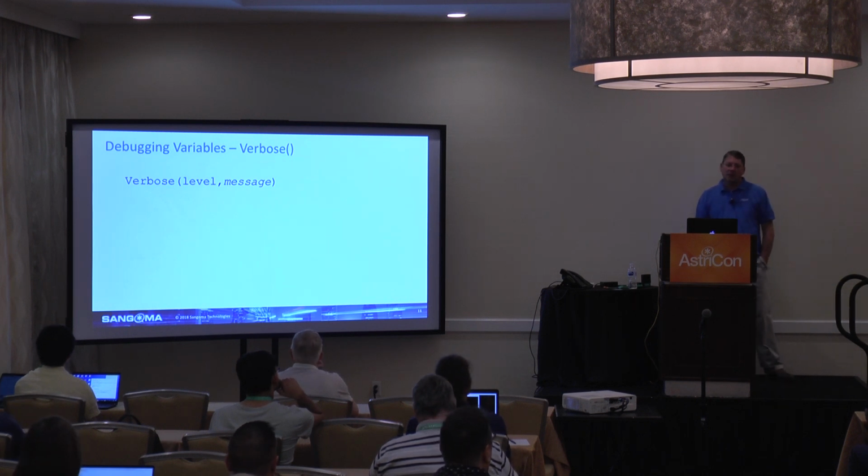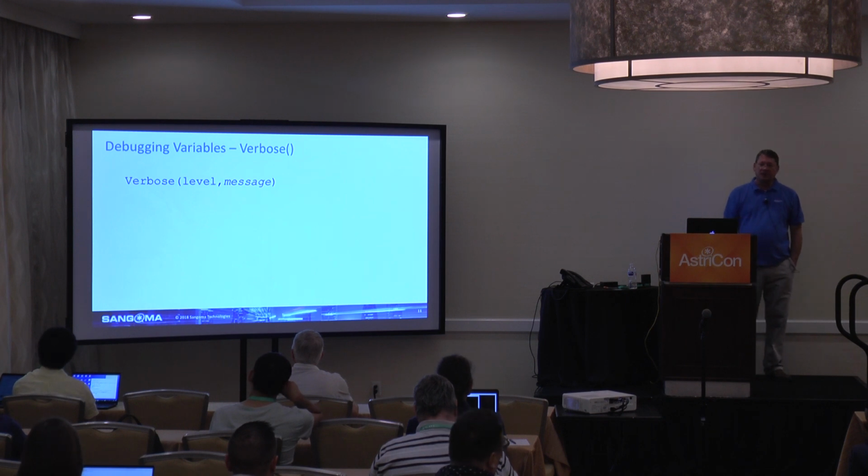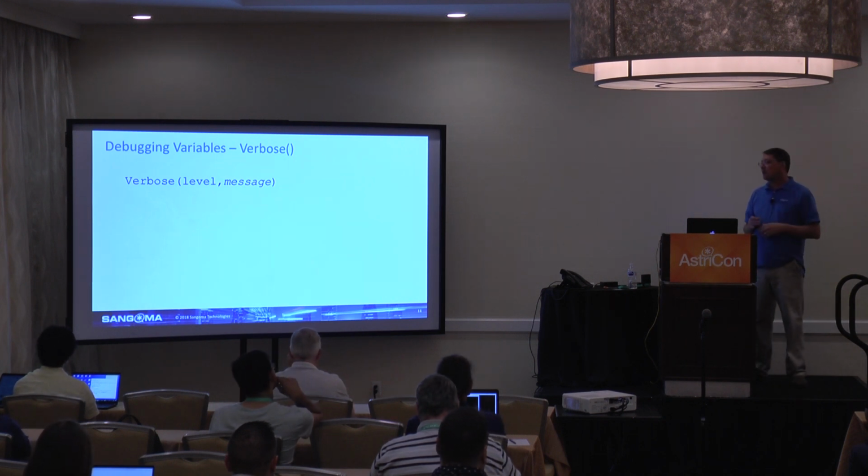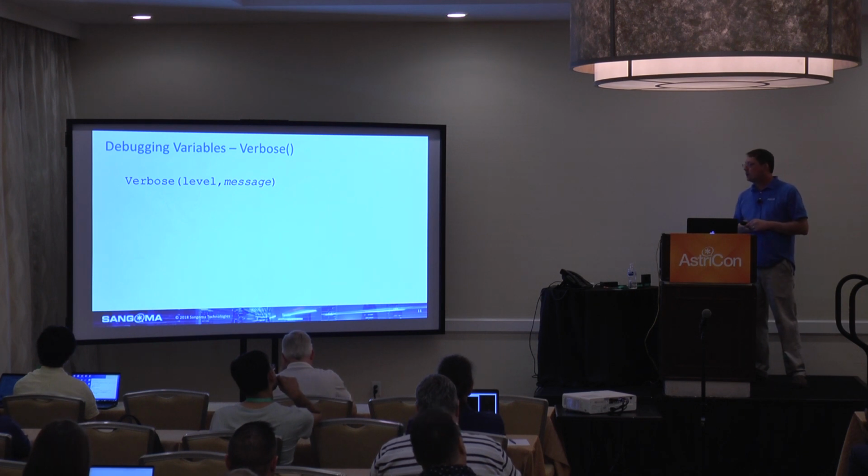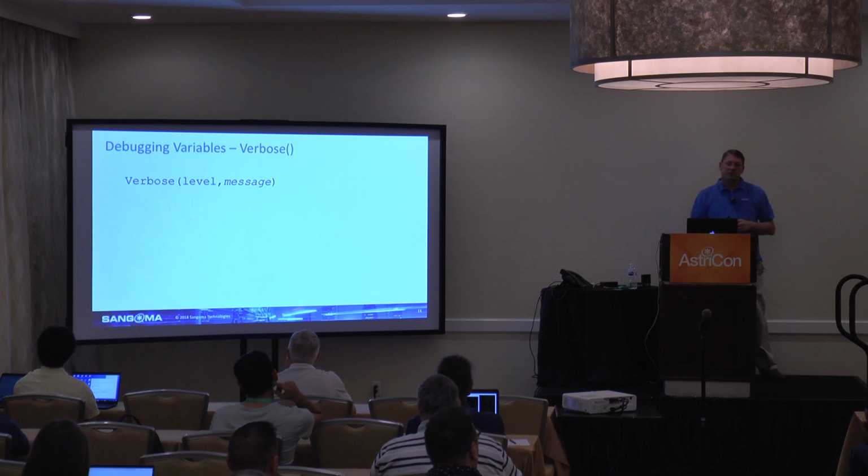Similar to the no-op, we have an application called verbose. And what that does will do the same thing. It'll print out things to the CLI or the log files. But in this case, with verbose, there's a verbosity level that it's set.